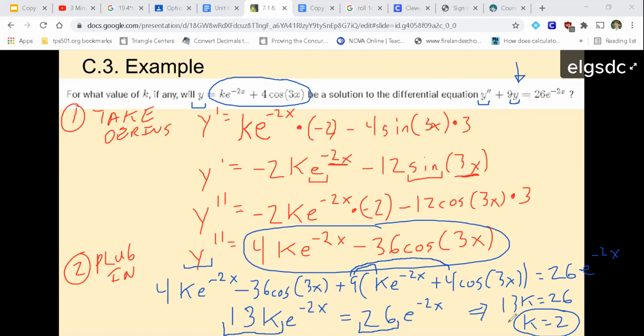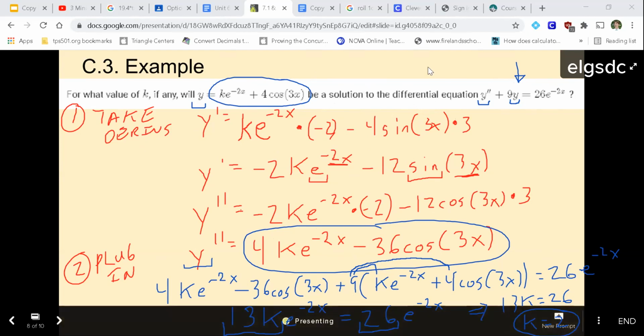And it actually becomes, at the end, a really easy problem. 13k equals 26. Just divide by 13 and k is 2. So again, this problem looks a lot more intimidating as you're writing it, and it might seem like, oh my gosh, this is so complicated. But each individual step we're doing here, I feel like is not as bad as some of the stuff we've done earlier. You do have to be good on your chain rule. That's important.